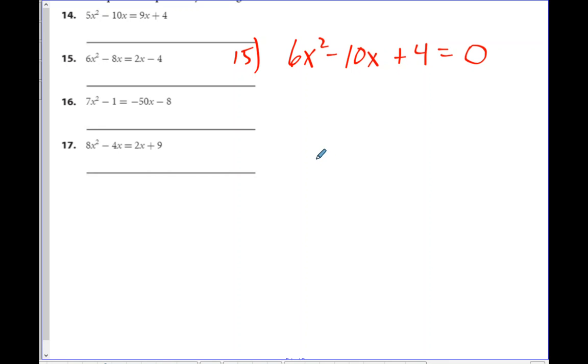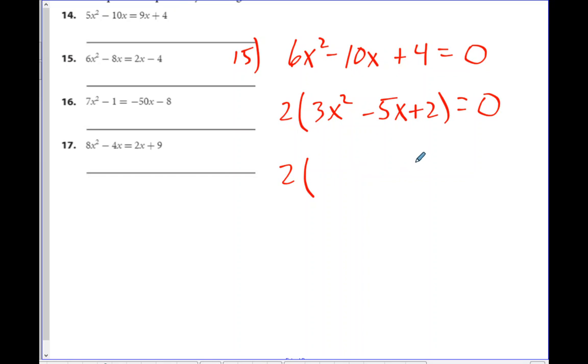You're thinking GCF. What's the GCF? 2. Just a 2. Yep, so if you factor out 2, that gives you 3x squared minus 5x plus 2 equals 0. Now we've got a trinomial, so I'm thinking, all right, I want to try to factor this into two binomials.